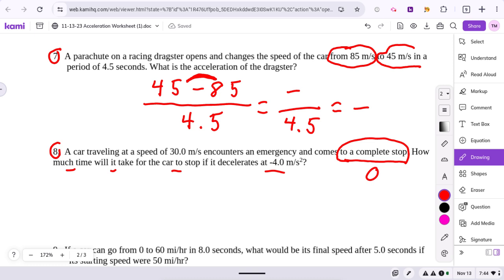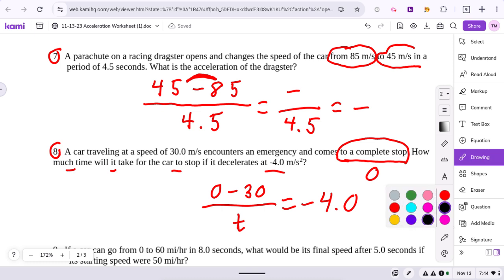So this one's also slightly different. It does give you the final velocity. It gives you the initial velocity, but it wants to know the time. It gives you the rate of -4. So you're basically working backwards and solving for t.